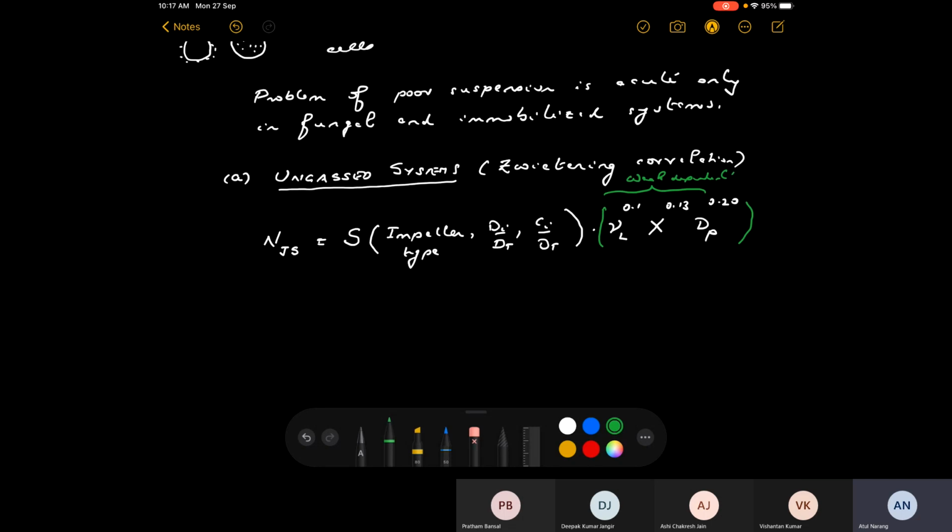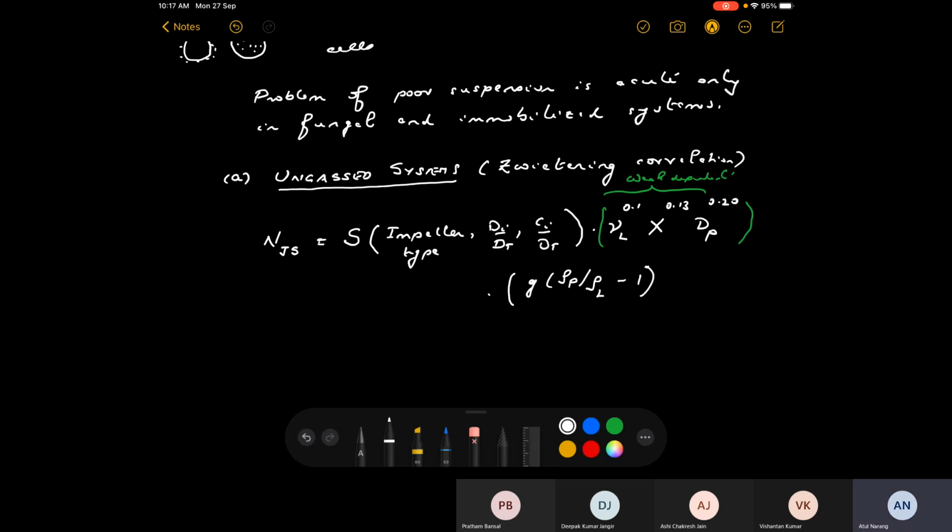But there is a strong dependence on this quantity, which is the buoyant effect, not surprising. So this is g, rho P is the particle density, rho L is the liquid density, minus 1.